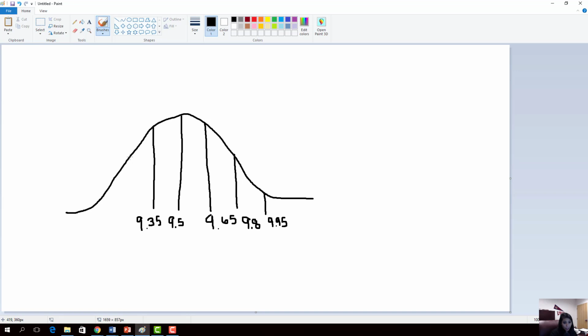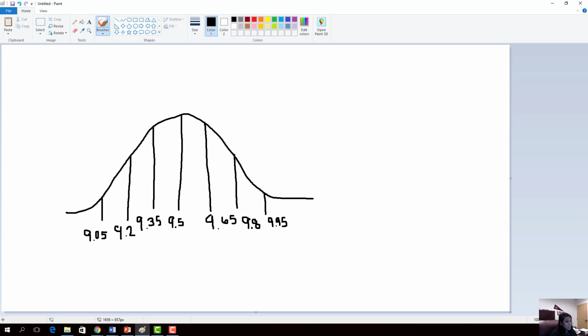Two standard deviations below the mean, we're just subtracting 0.15 from here, so it'd be 9.2. And 3 standard deviations below the mean would be 9.05. Okay, sorry about those numbers there.